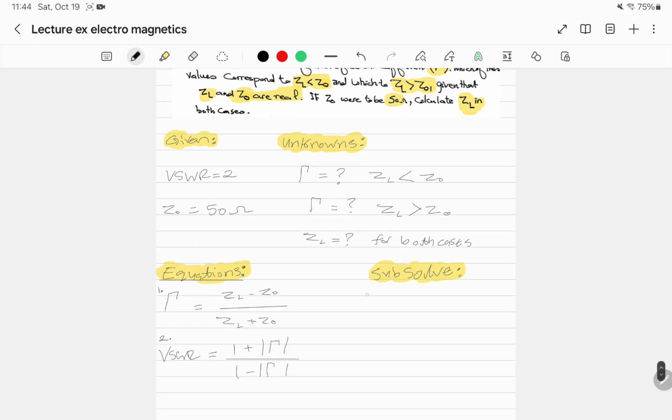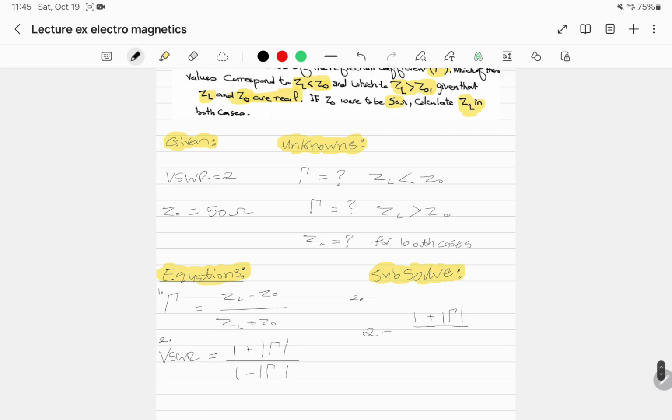The first equation I'm going to use is equation 2 that I wrote down, and VSWR we already have, which is 2. So I'm going to write 2 is equal to 1 plus the magnitude of the reflection coefficient, divided by 1 minus the reflection coefficient.